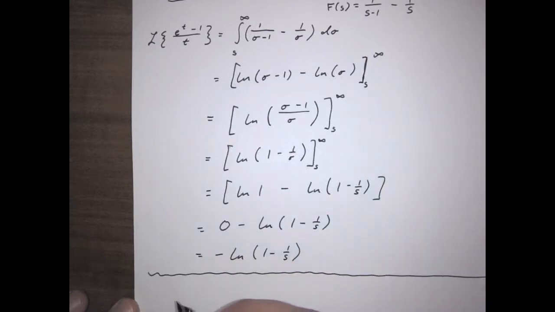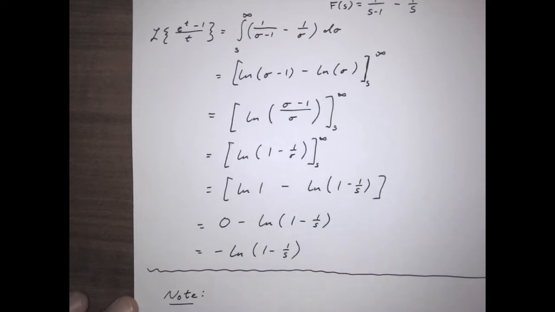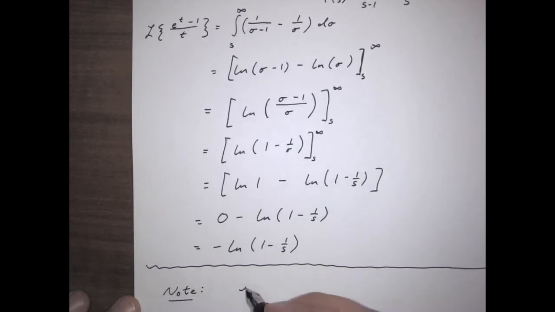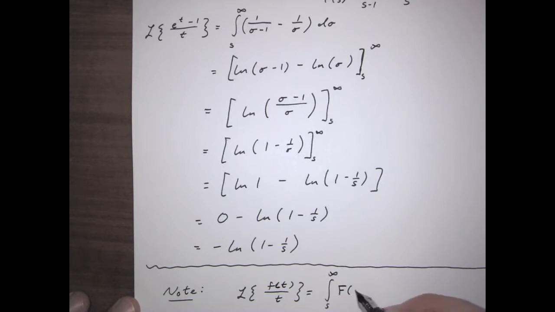One note that is kind of a technicality, but important to have in the record. So note the formula, the Laplace transform of f of t over t equals the integral from s to infinity of f of sigma d sigma.